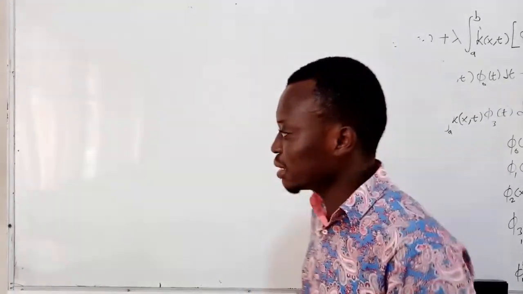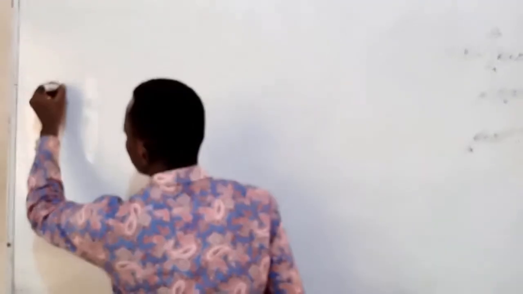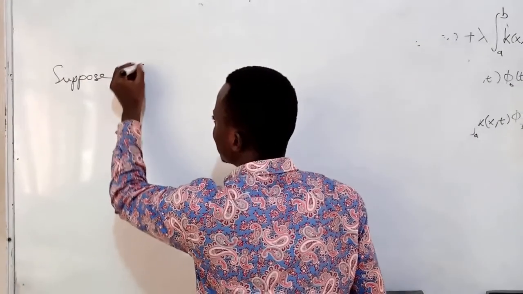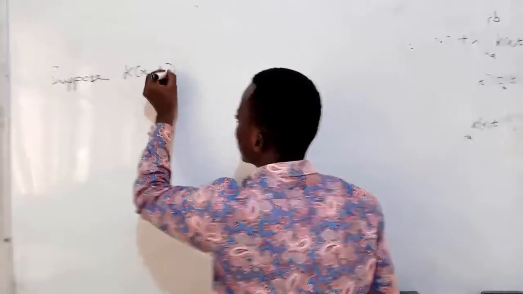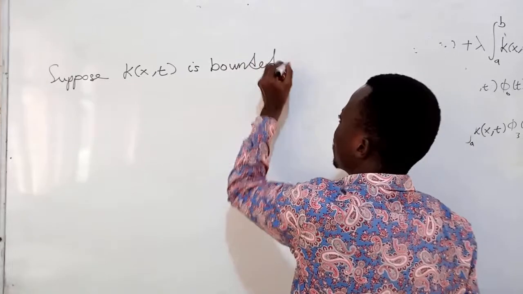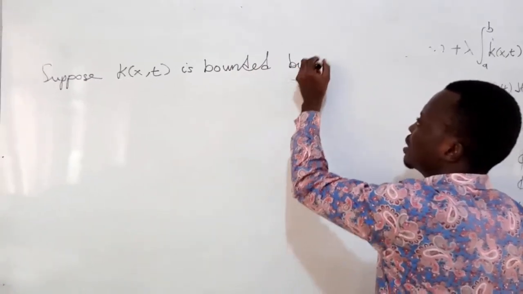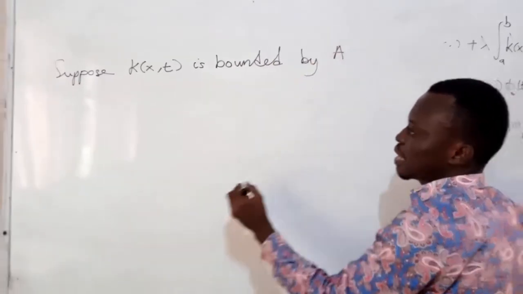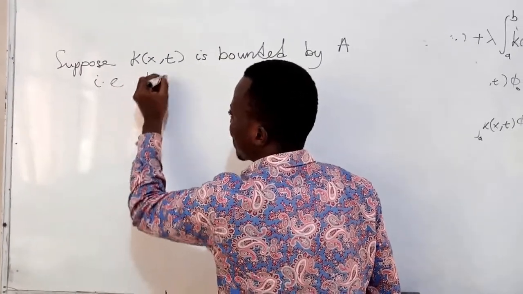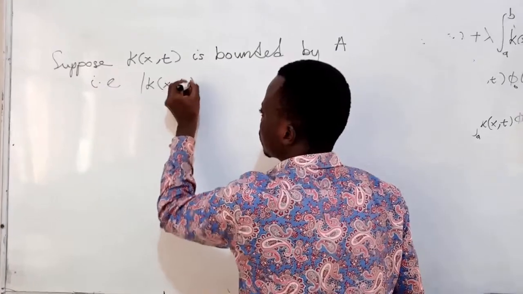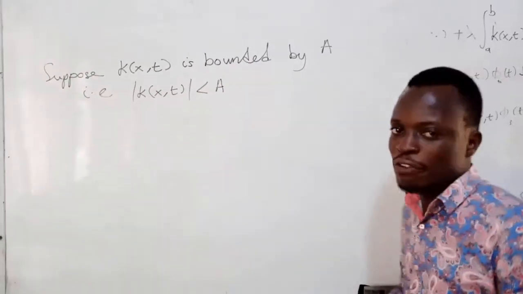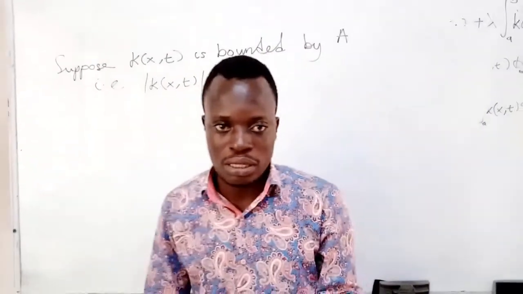So let's start by supposing that our k of s t is bounded by, let's say, A, that is, the absolute value of k of s t is less than A.